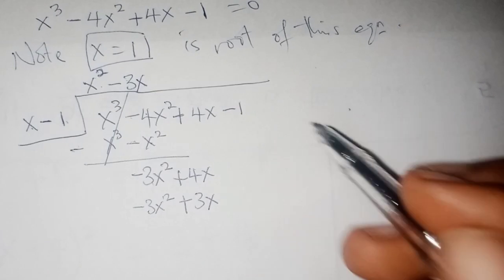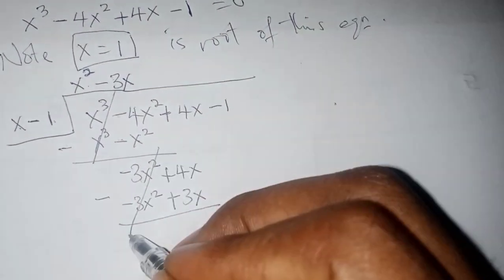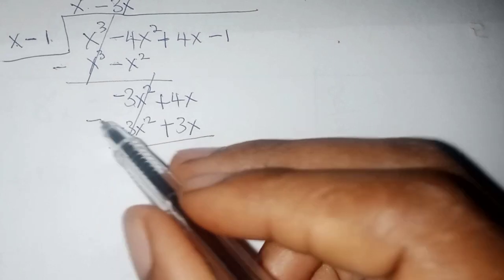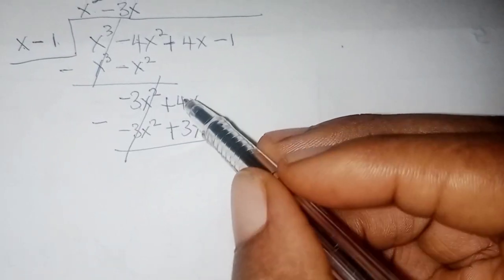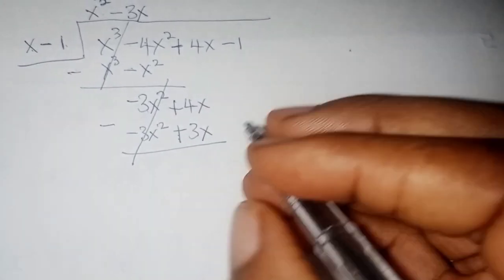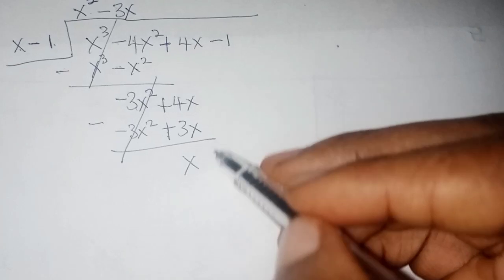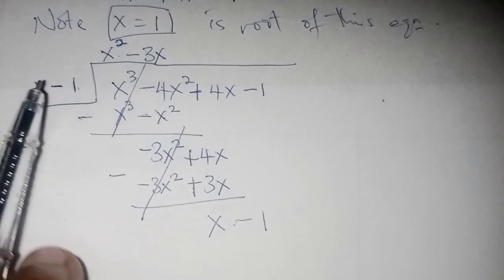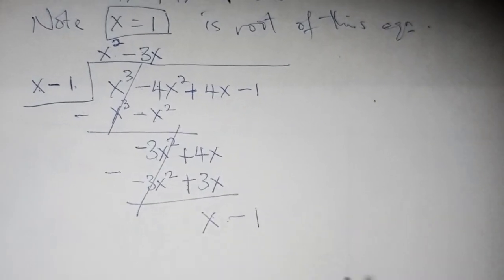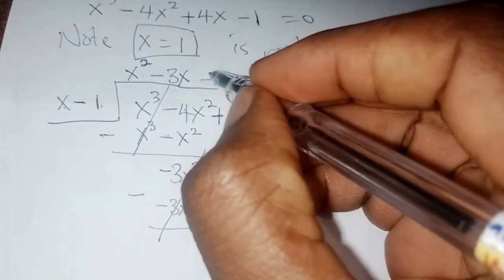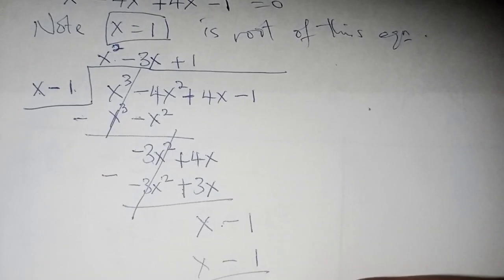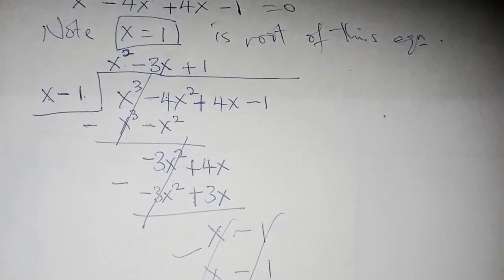Then we subtract again, this goes. And then 4 minus times plus is minus. So 4 minus 3, that's just x. We bring down minus 1. Then x minus 1 into x minus 1 is just 1, plus 1. So that will give us the same thing and 0 when we subtract.